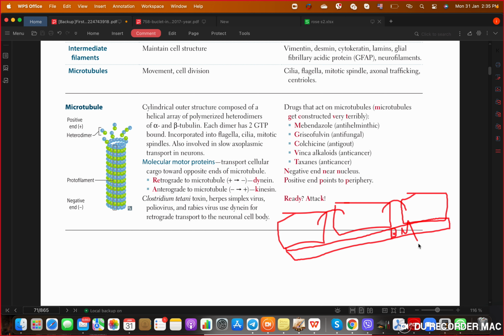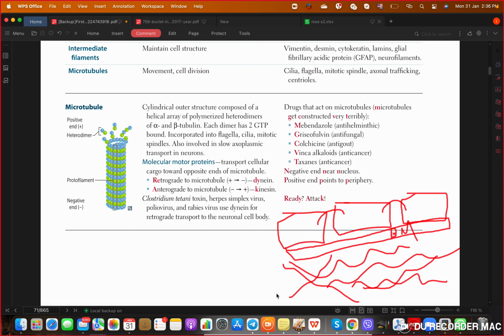Collagen type 4. And under the collagen type 4 of the basement membrane, there are fibers in the connective tissue. These fibers contain two things: fibronectin and laminin.